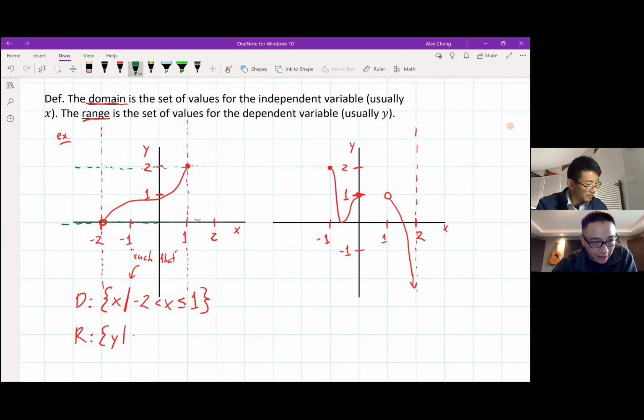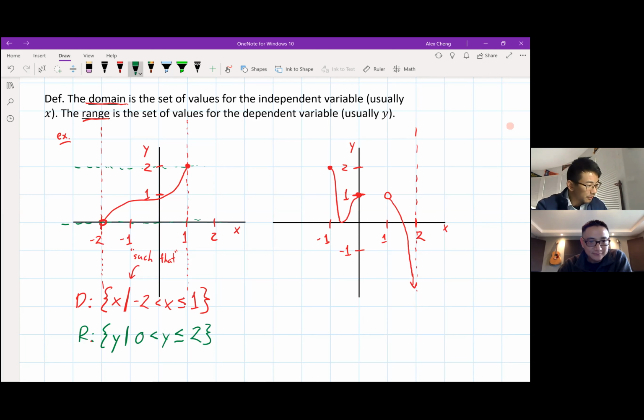So I guess you're going to write the range is the set of numbers y. Yeah, such that, right? Because that line you said is such that, it starts at 0, so 0 is less than y. Yeah. And then because it's a closed dot, it's less than or equal to 2.